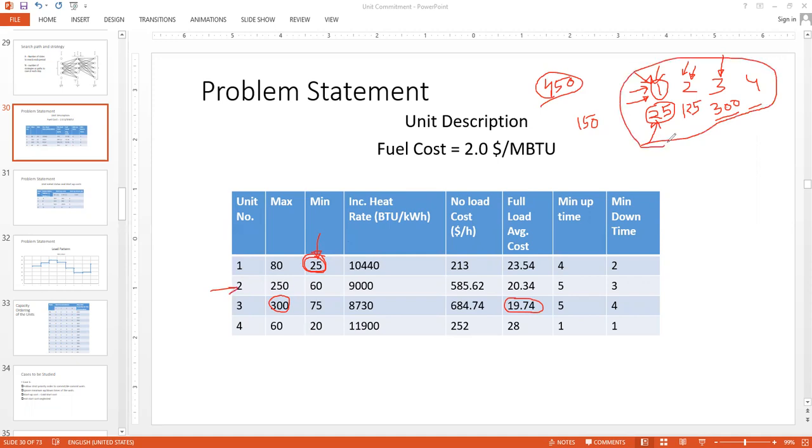It is a shortcut calculation, not exactly solving the economic load dispatch using lambda iteration or any other standard method. That will actually take a long time to get solved. By hand calculation it is possible, but it will take a long time. So we are going for a shortcut method here.